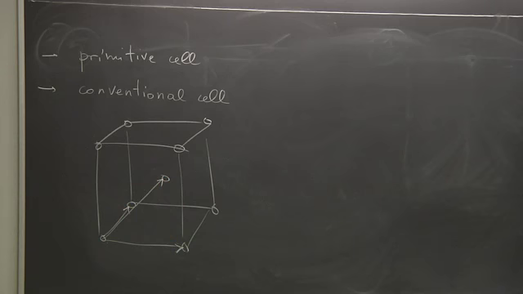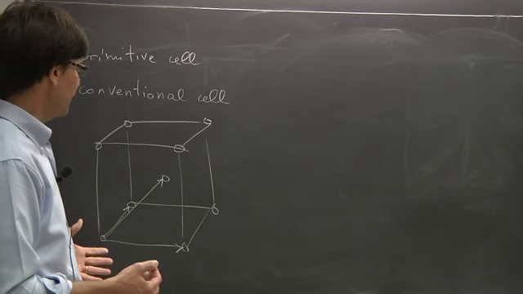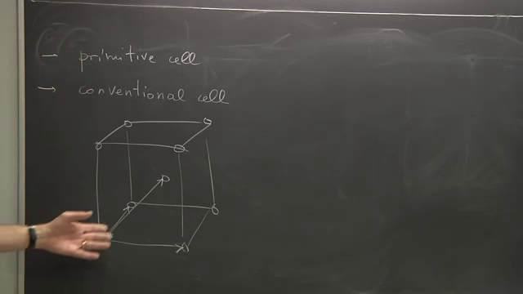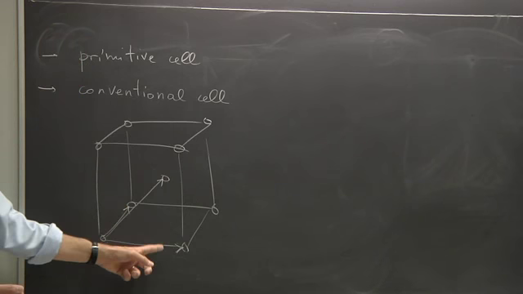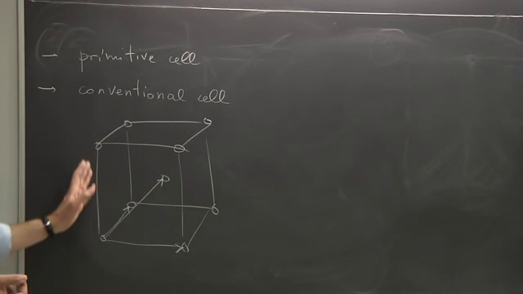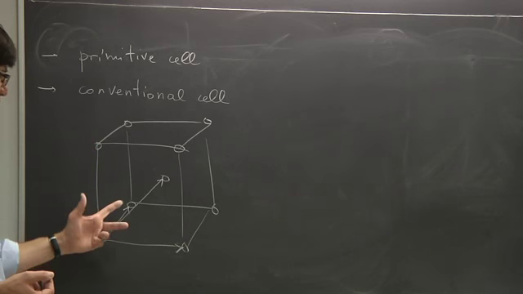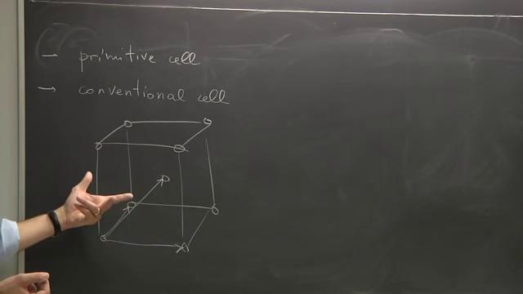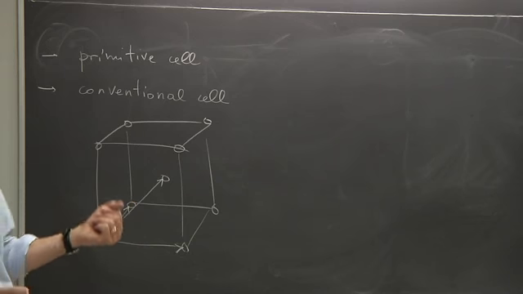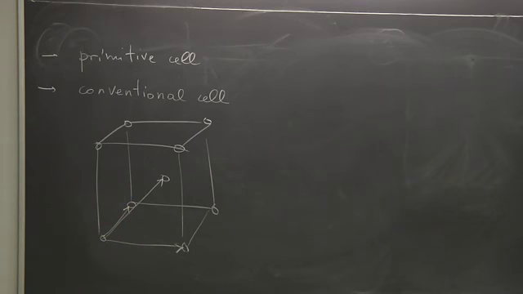It's the smallest possible cell that you can construct out of a lattice. However, last time we said, well, you might find it more convenient to work with a convention in which you define this as a lattice with a basis, simple cubic with a basis of 2 points.